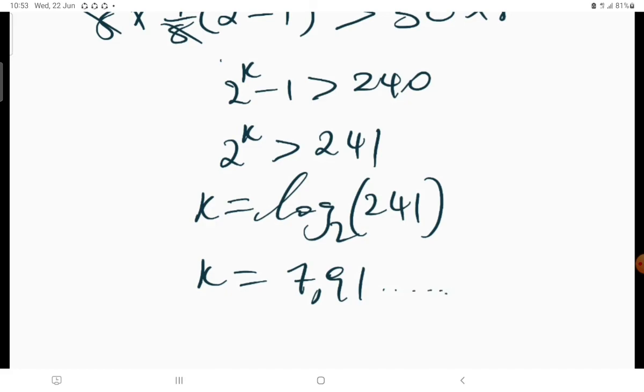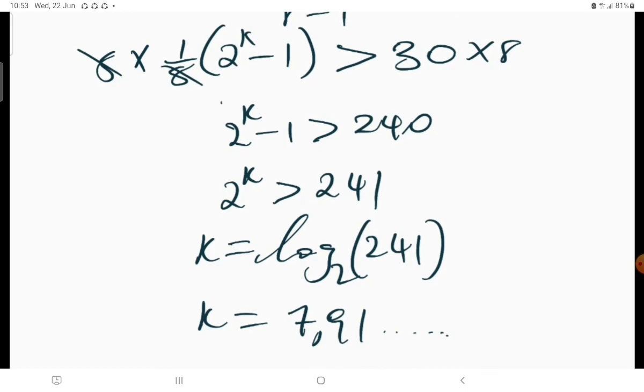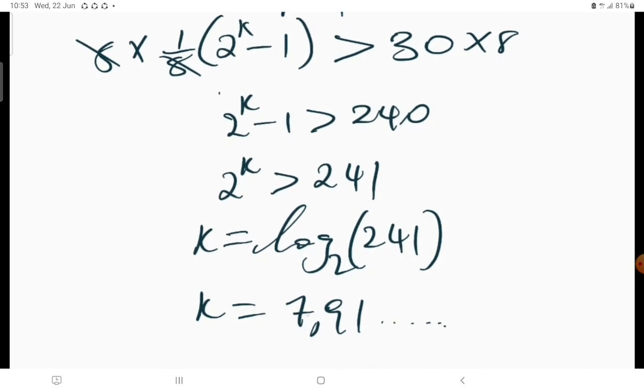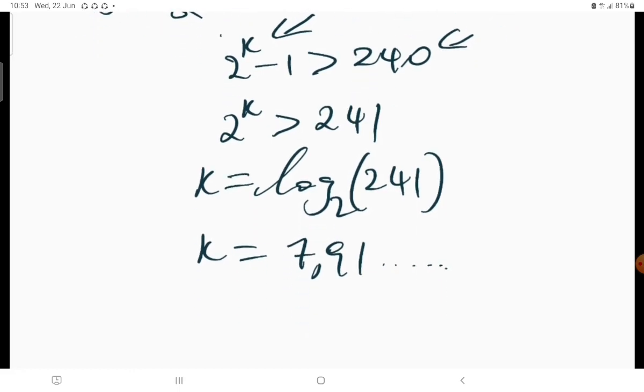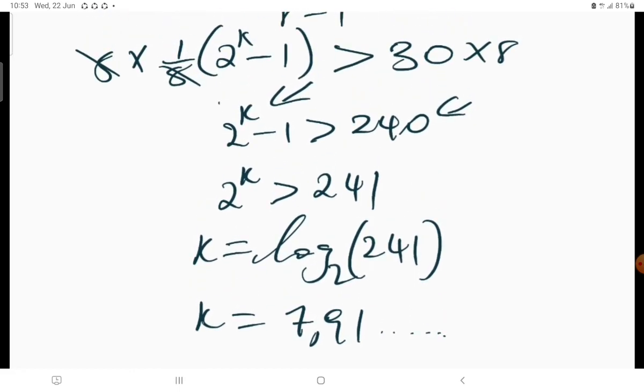Okay, you can see that we are having 7.9, which means for this side to be greater than that side, our k must be equal to 8. We have to round off, because if k is equal to 7.9 and so on, then they are going to be equal to each other.